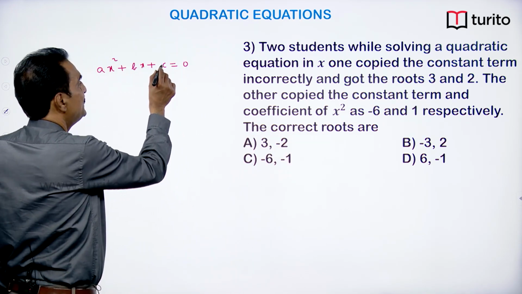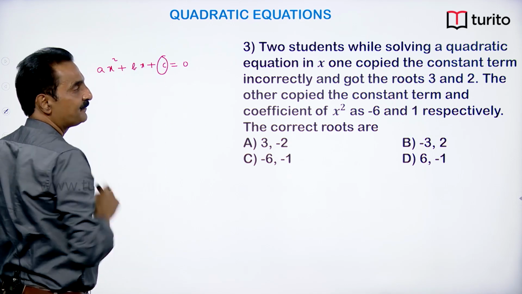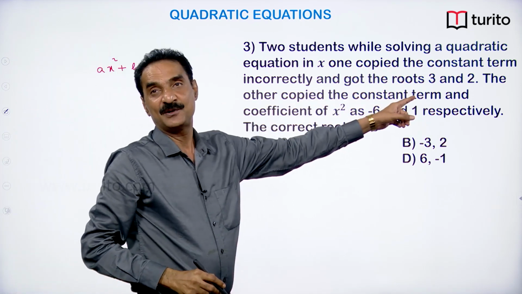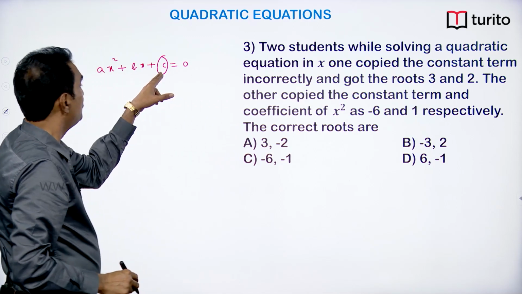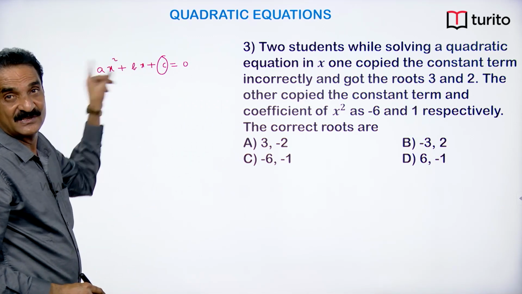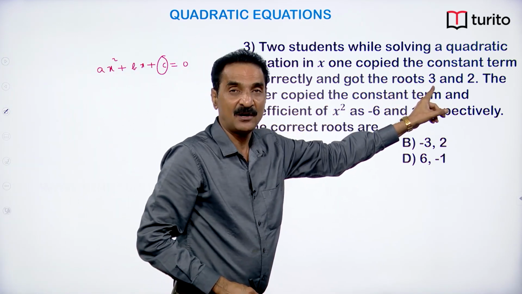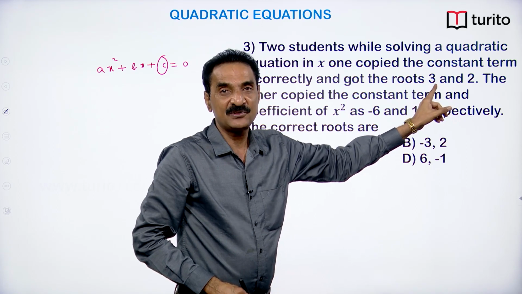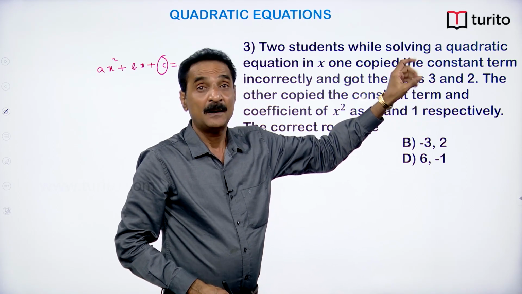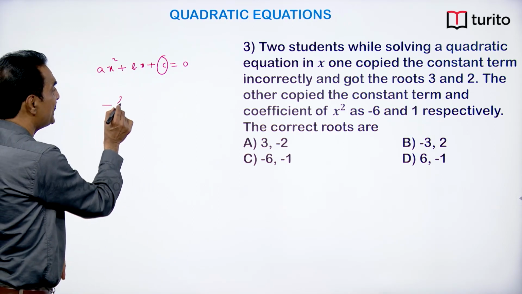That means he copied the constant term correctly, c is wrong, and got the roots 3 and 2. Which one depends on c? We know that product of the roots is c by a. So here when he got the roots 3 and 2, product of the roots is 6, no? That is wrong. But what is sum of the roots? Sum of the roots is minus b by a.